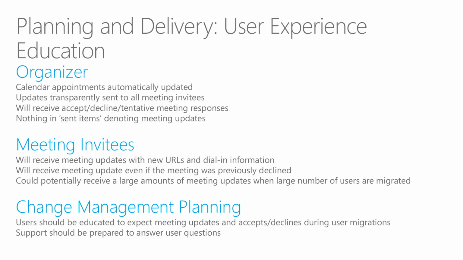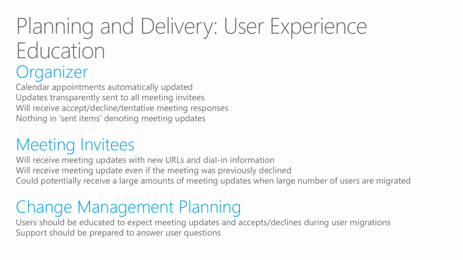For meeting invitees, these are actually probably the ones that are going to see more of an experience. So whenever an organizer is moved, all meetings that they've been invited to, they will receive an update with the new URLs and dial-in information. Their experience is the exact same as if someone had gone through and manually updated that meeting. So if they had previously accepted the meeting, they'll see the updated meeting coordinates and the option to say no response required.